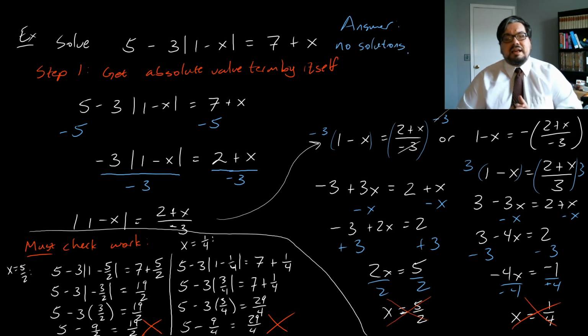And this is something that comes up reasonably commonly when working with absolute values. Absolute value problems can have no solutions at all. Typically, an absolute value problem will have 0 solutions, 1 solution, or 2 solutions, sort of like a quadratic equation. The 0 solution case is actually pretty rare.